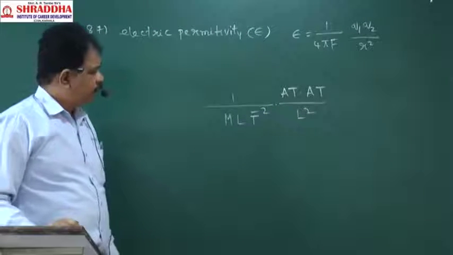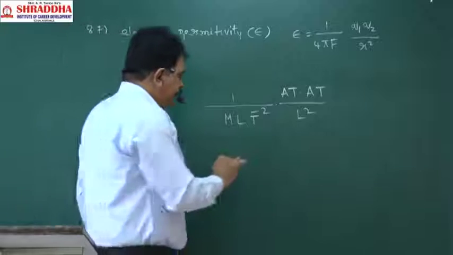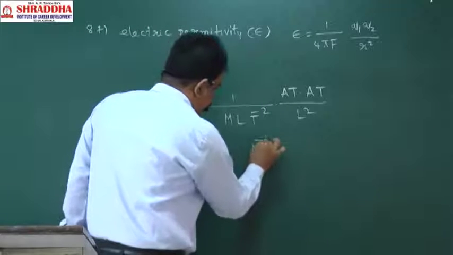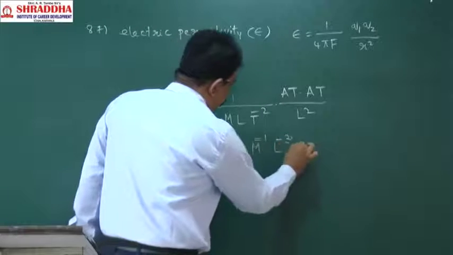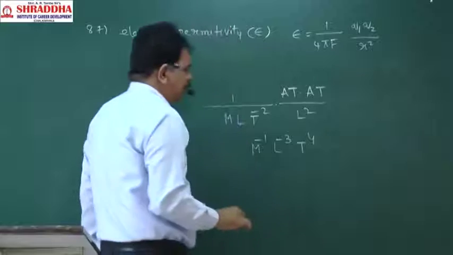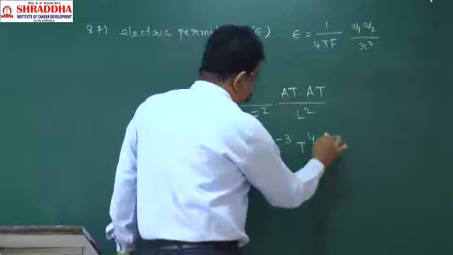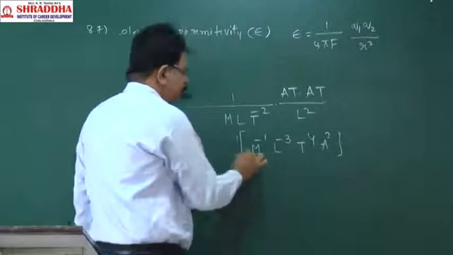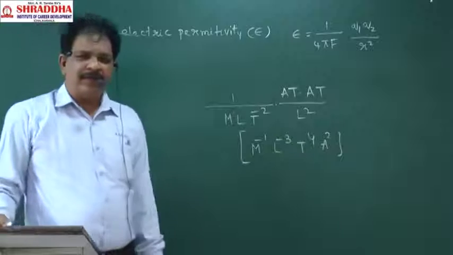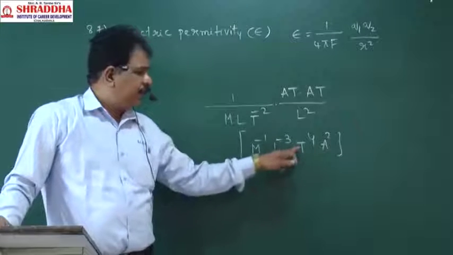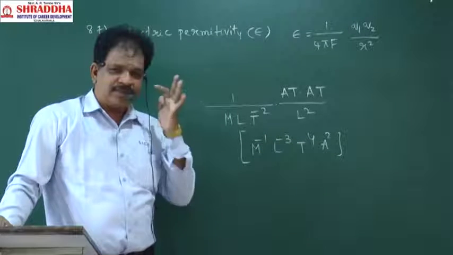Okay. So we write M power minus 1 L power minus 3 T power 4 A square.